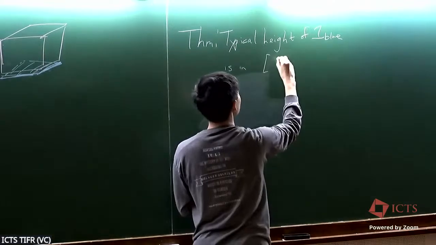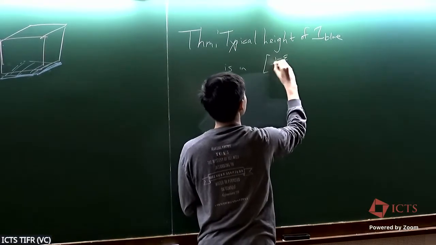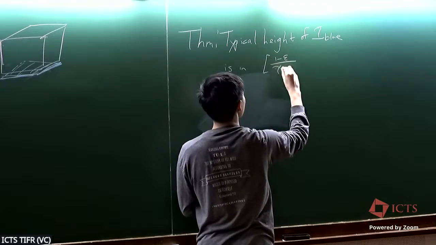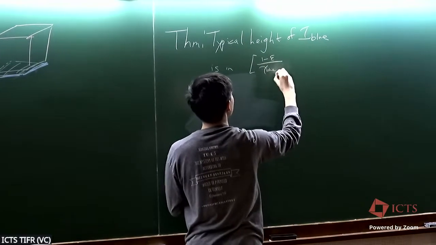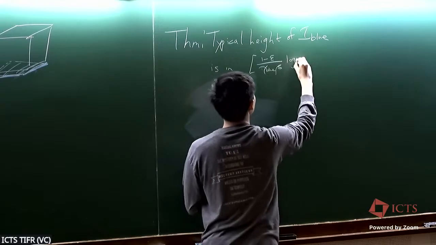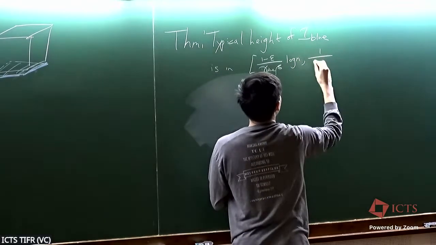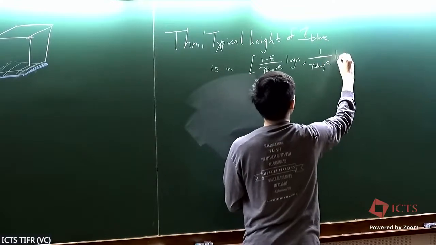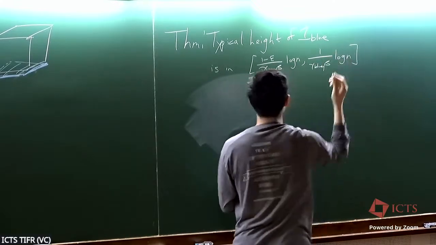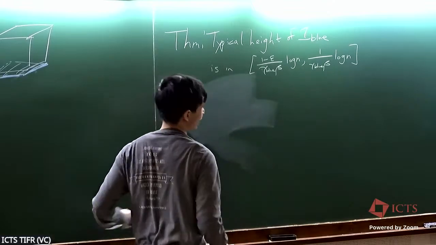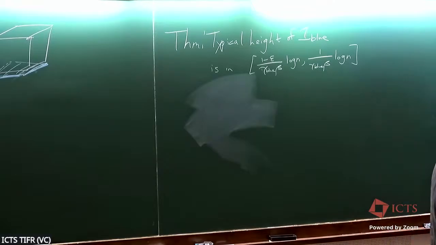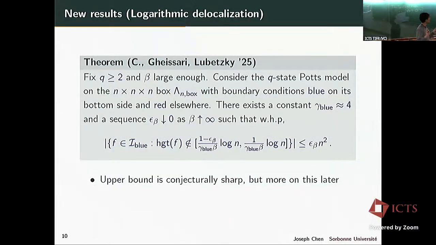So you have 1 minus epsilon over gamma blue beta log n, and upper bounded by the same quantity without the 1 minus epsilon prefactor. And this upper bound is conjecturally sharp, or so we say.